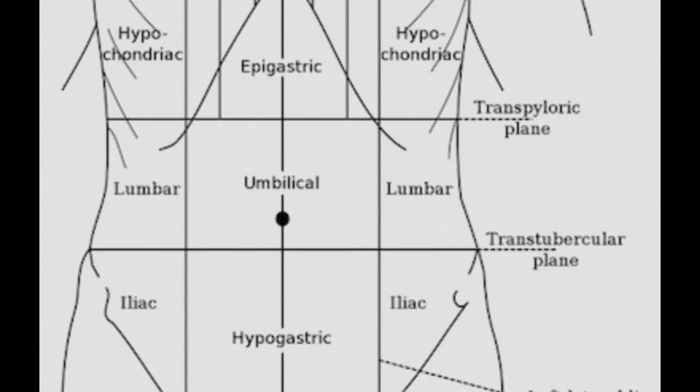On the right is the right hypochondriac region, which is for the liver and gallbladder specifically, while the spleen is located in the left hypochondriac region. You can appreciate both the right and left lumbar and iliac regions. The epigastric, umbilical and hypogastric regions also specify certain organ locations, which we will discuss in later videos.